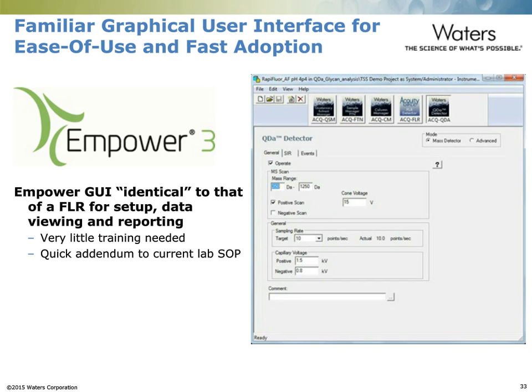So we look first at how to set up the QDA in order to collect mass data. You'll see here that the graphical user interface, or the GUI, for interacting with the Acquity QDA is very similar to what you would have for a fluorescence or PDA detector, where in optical detectors you may set an excitation and emission wavelength, or a starting and an ending wavelength, say for a PDA.